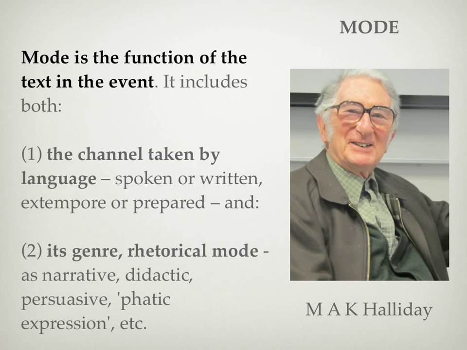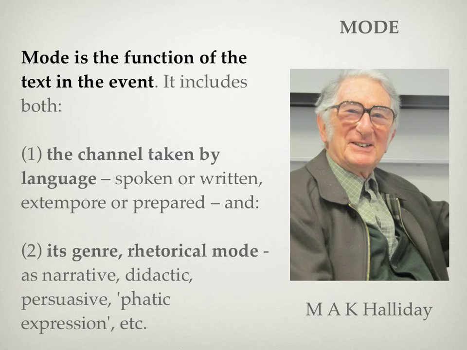It might, say, be a narrative, it might be didactic, it might be persuasive, or it might be an instance of phatic expression. That's just a fancy term meaning using language in a way that is more about being social than exchanging information, and so on.